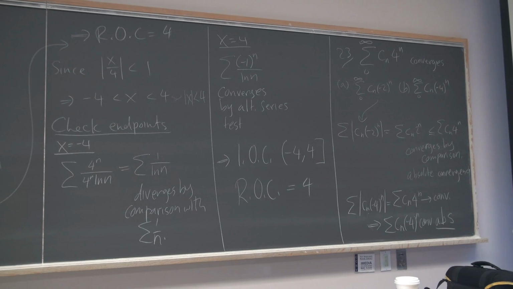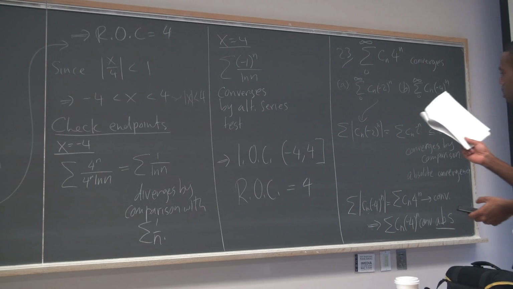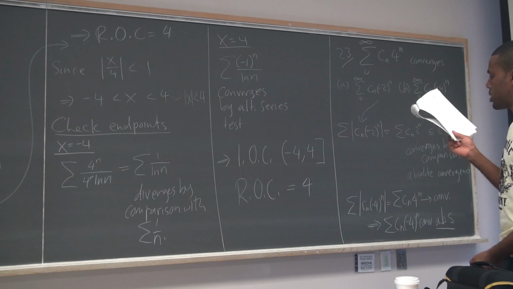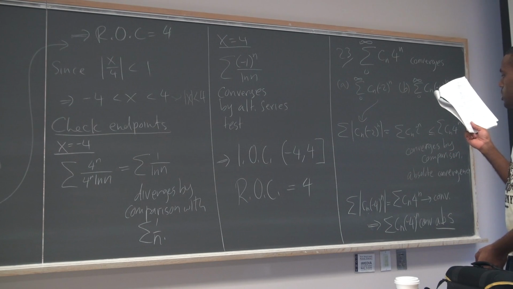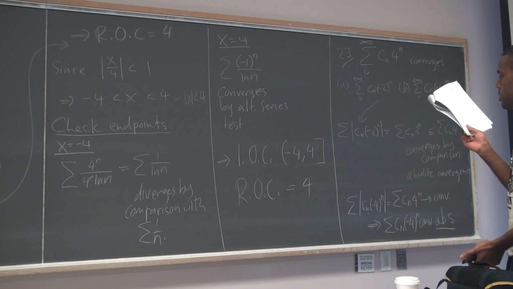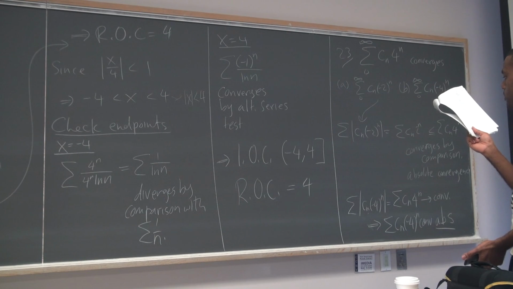How is it phrased? What is the question exactly? This is 23. I don't think it's asking you to actually necessarily solve it. If this is convergent, does it follow the following series are convergent?